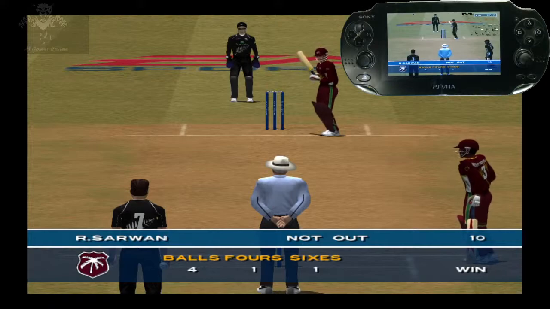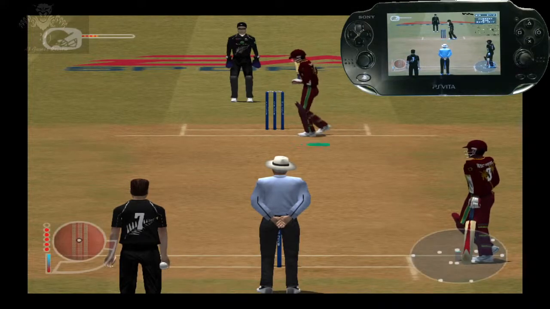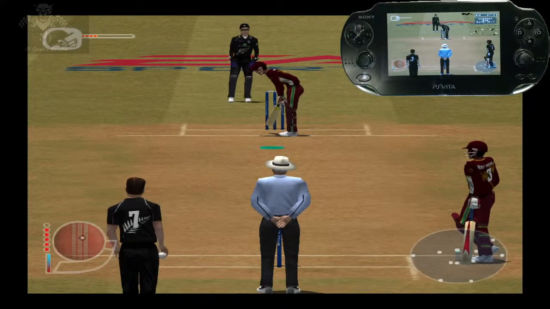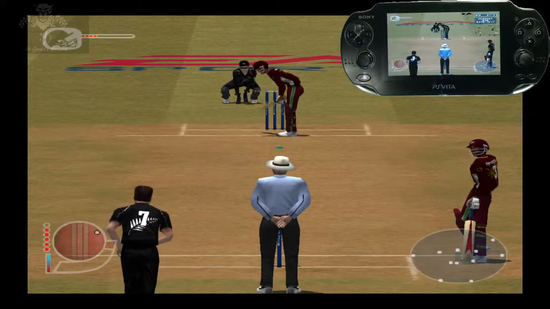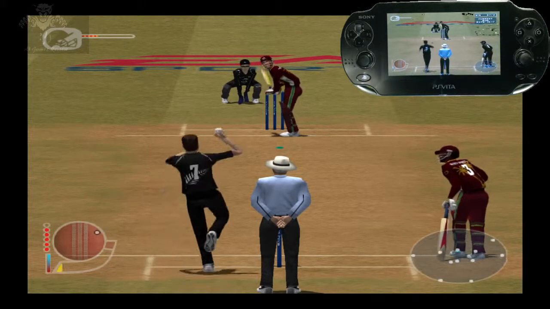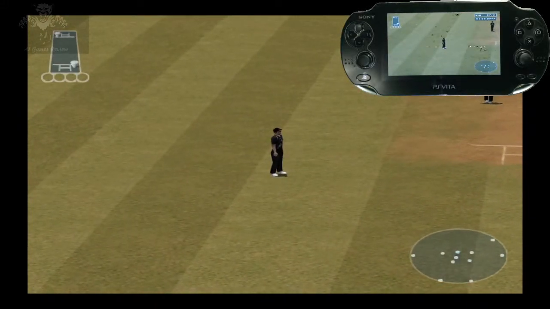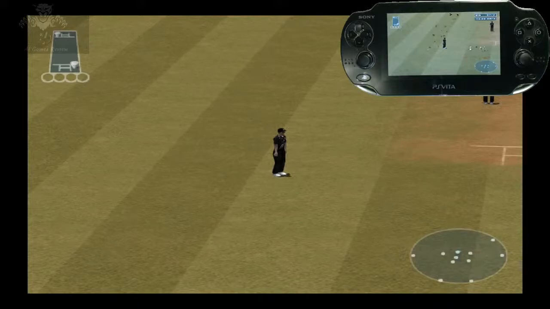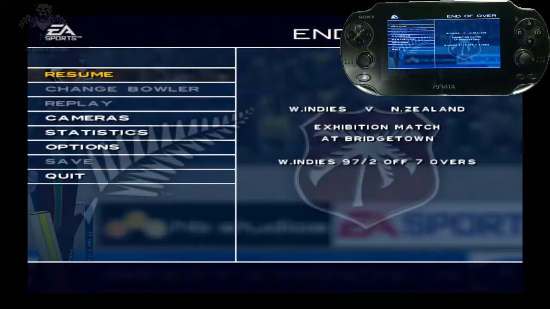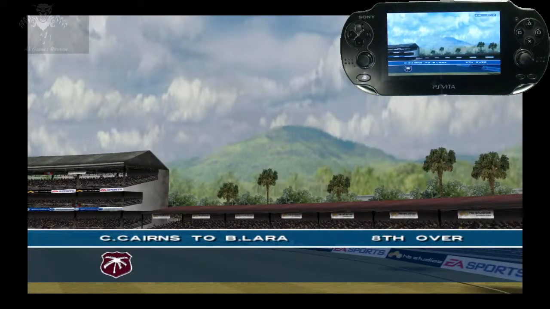Sawan facing. That over cost 15 runs. That was an expensive over for New Zealand.